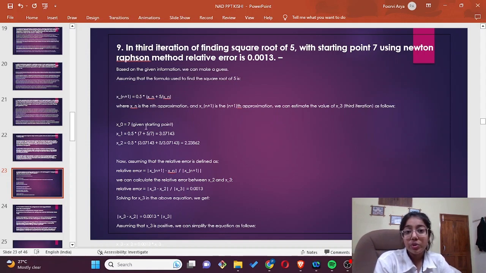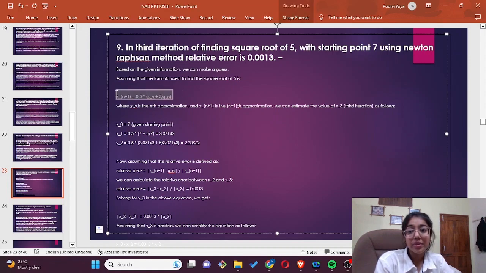Here x0 is equal to 7, x1 is equal to 0.5 times (7 plus 5/7), and x2 is equal to 0.5 times (the value of x1 plus 5/the value of x1). So this is the formula of the Newton-Raphson method. This is used to find out the values.